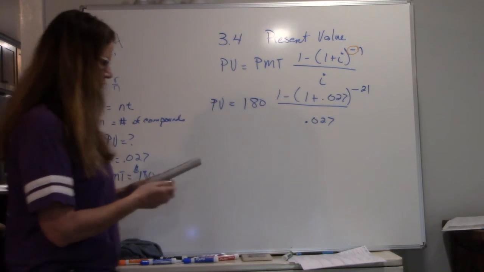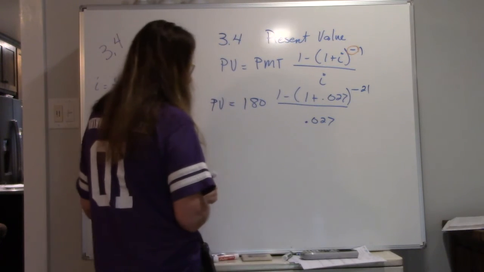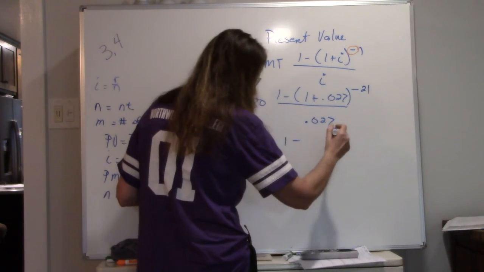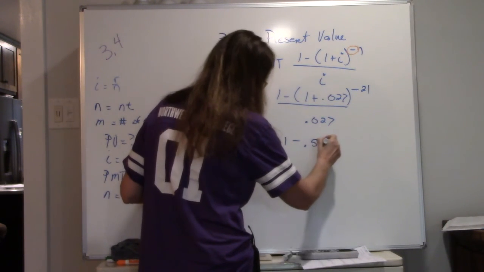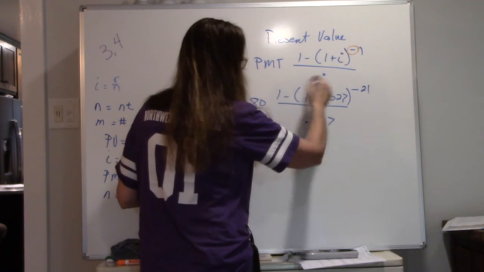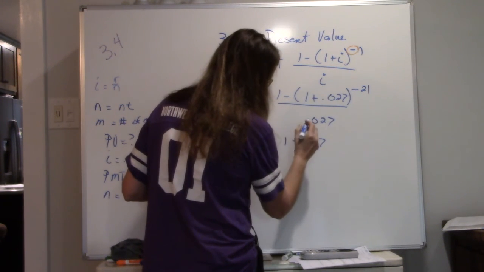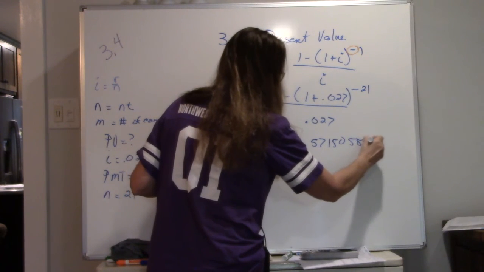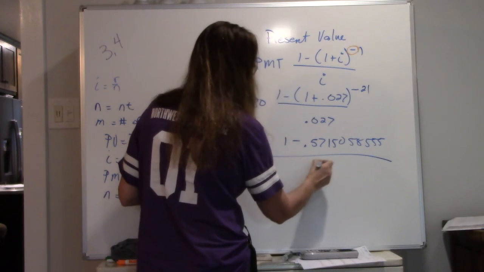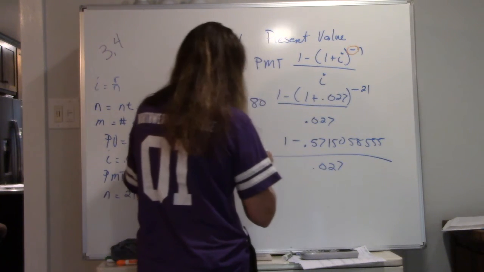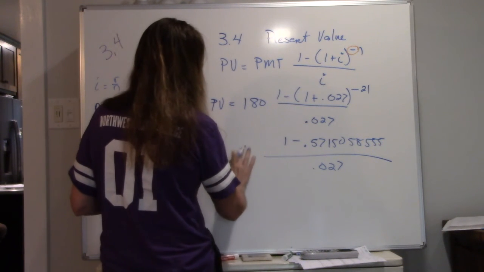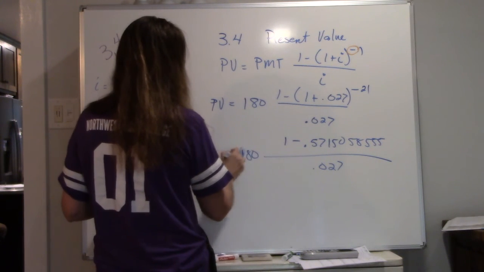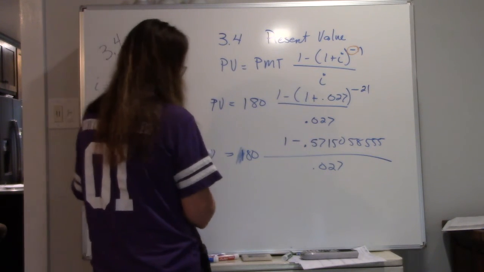I always write down my answers so that I have something to refer back to. So this raised to the negative 21 is 0.57150585555, all divided by 0.027. And then I still have my 180 over here, and we are looking for our present value.